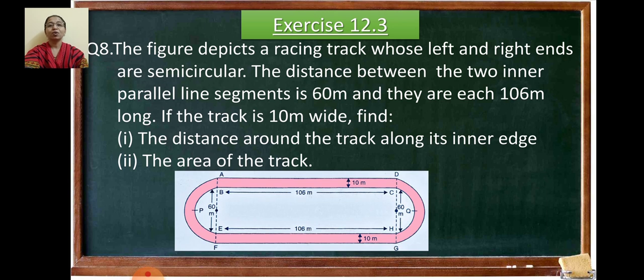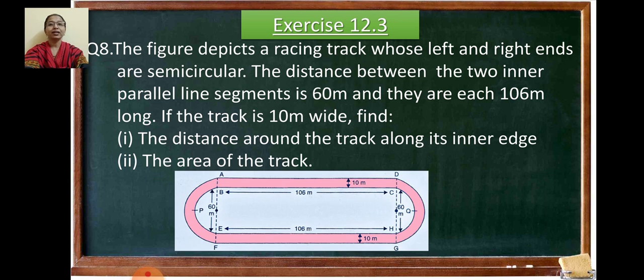You just have to add the lengths. How? See, this length is 106. Similarly, the opposite length is also 106 meter. And this curve forms a semicircle, and this side is also a semicircle. The width is 60 meter. Both the inner edges are 60 meter away from each other.